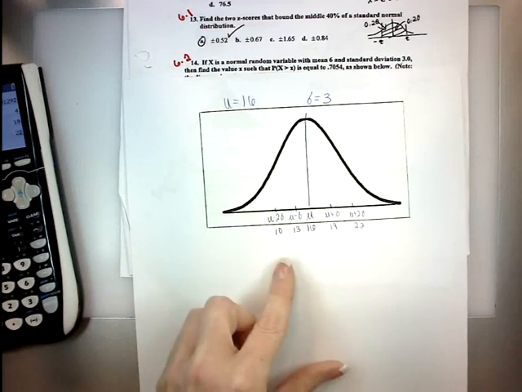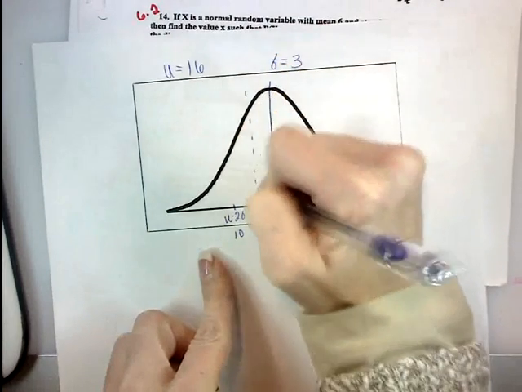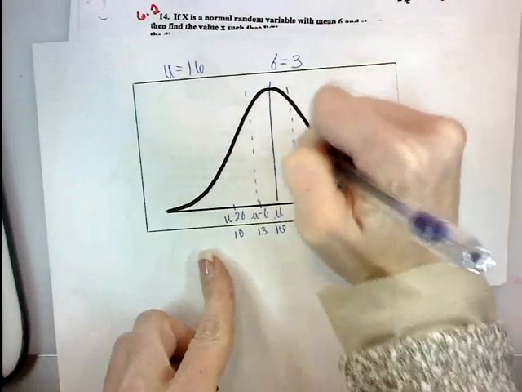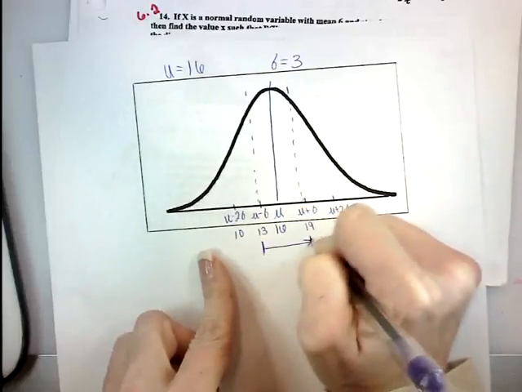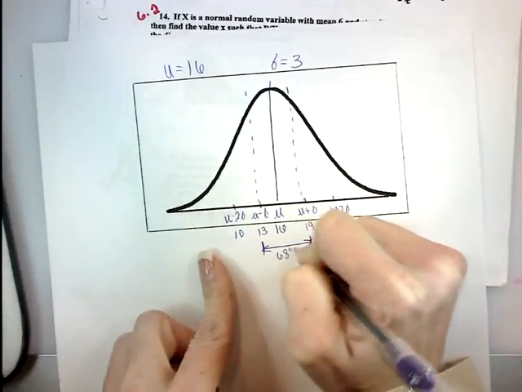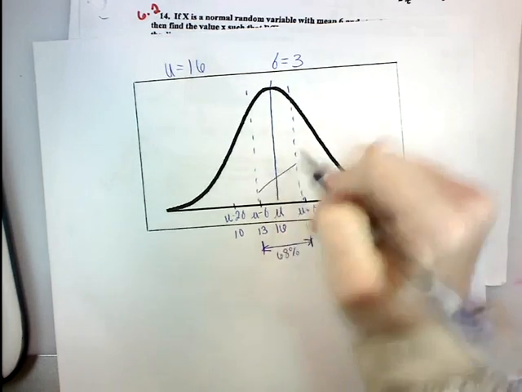And the empirical rule says that within 1 standard deviation of the mean, here, 13 and 19, we are guaranteed 68% of the data in this particular data set. So I really wanted you to kind of work the problem that way.